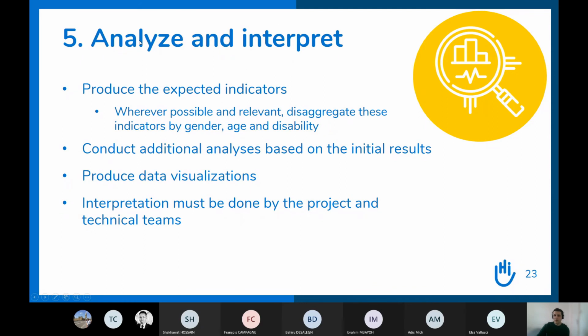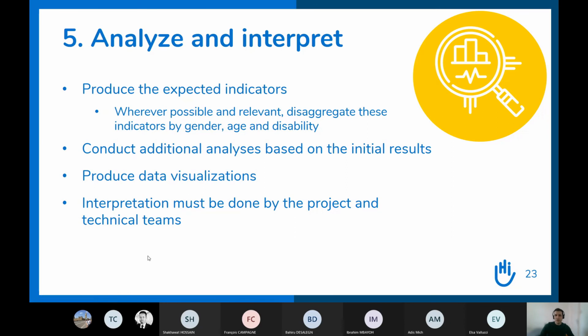Once you have done all your analysis, created all the indicators, maybe some charts, you want to produce the data visualization. That's something that we are going to discuss in the last session of this seminar, how to produce the right visualization. But keep in mind that interpreting the results is something that has to be done by the project and by the technical teams.